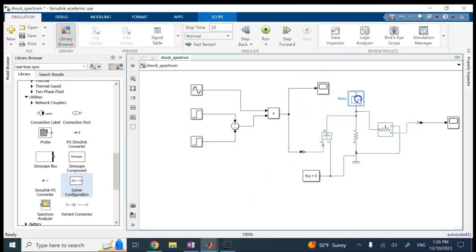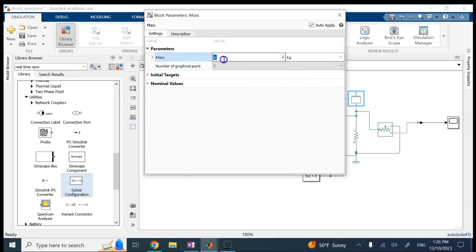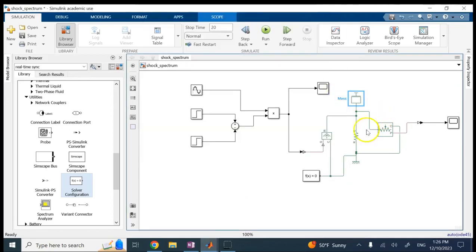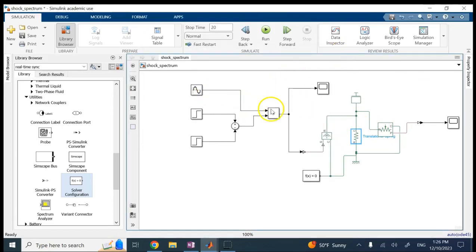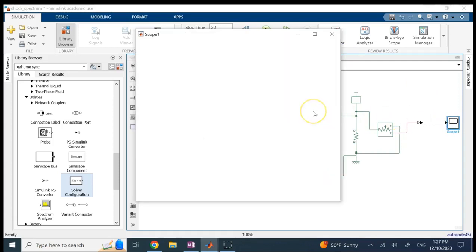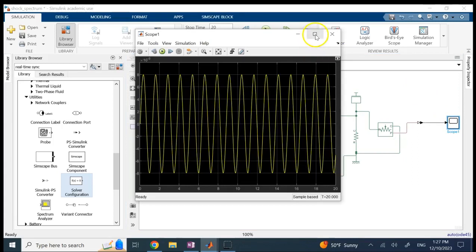All the other system parameters are also coming directly from my MATLAB code. You see M here, you see K here, and F naught and everything, so I'm allowed to change anything I want. The other thing is, when you go to this scope block, you want to send your data to the workspace. So this is the behavior of the system when omega is 50.